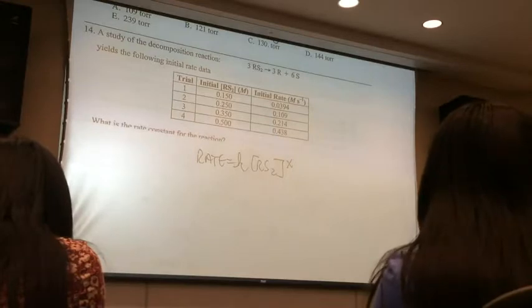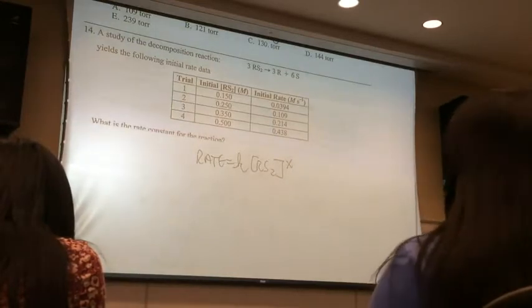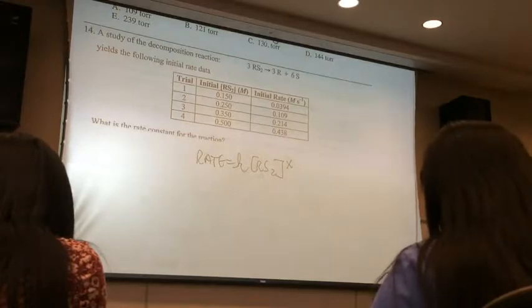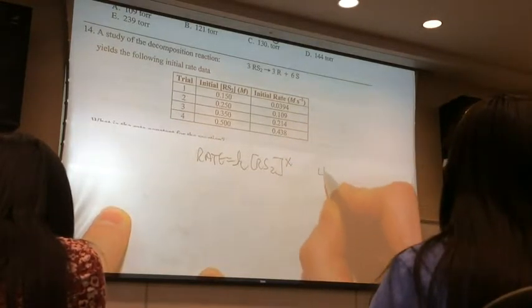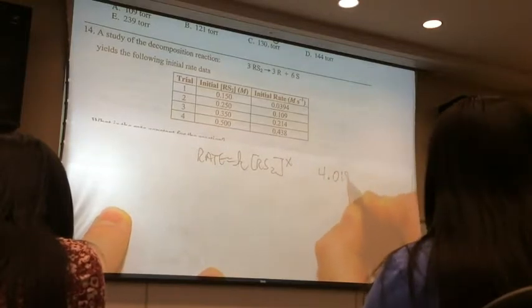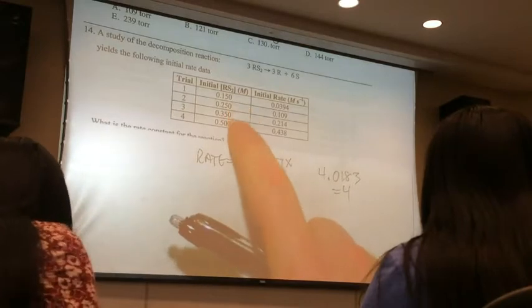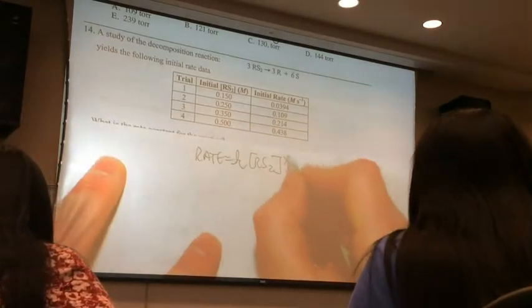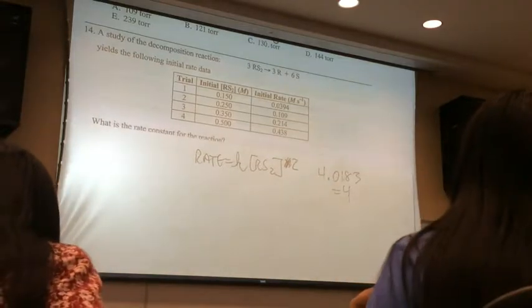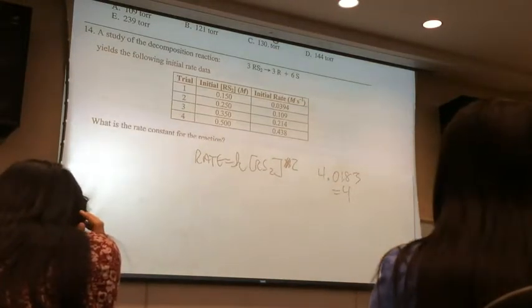You take 0.438 divided by 0.109, and you end up with 4.0183, which is 4, right? So when you double the concentration, the rate increases by a factor of 4, so x is 2, right? So that's our rate law.